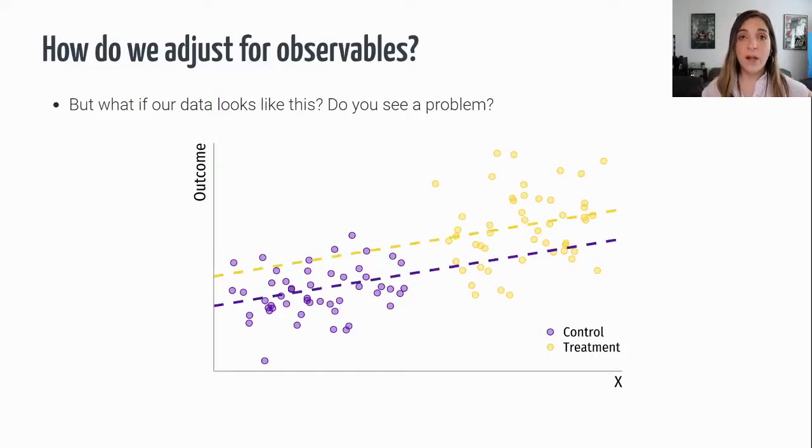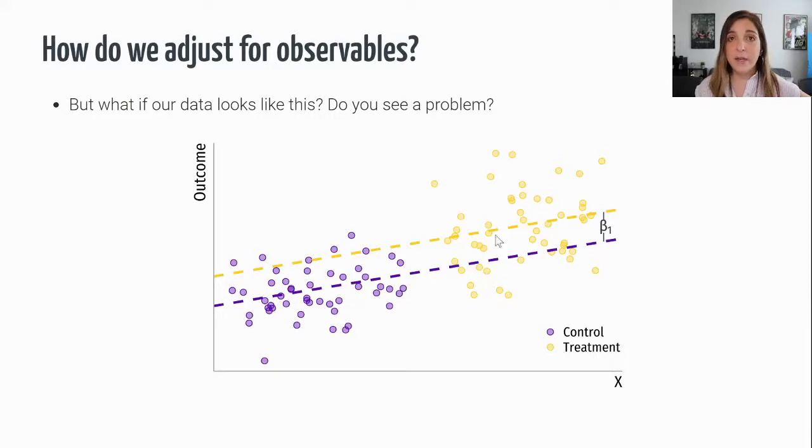This means that if I run this model, the previous model that we saw on the last slide, it would actually give me a result, and I would be able to identify the treatment effect beta 1 as the difference between those two regression lines. The dashed purple line would be the fitted regression for the control group.